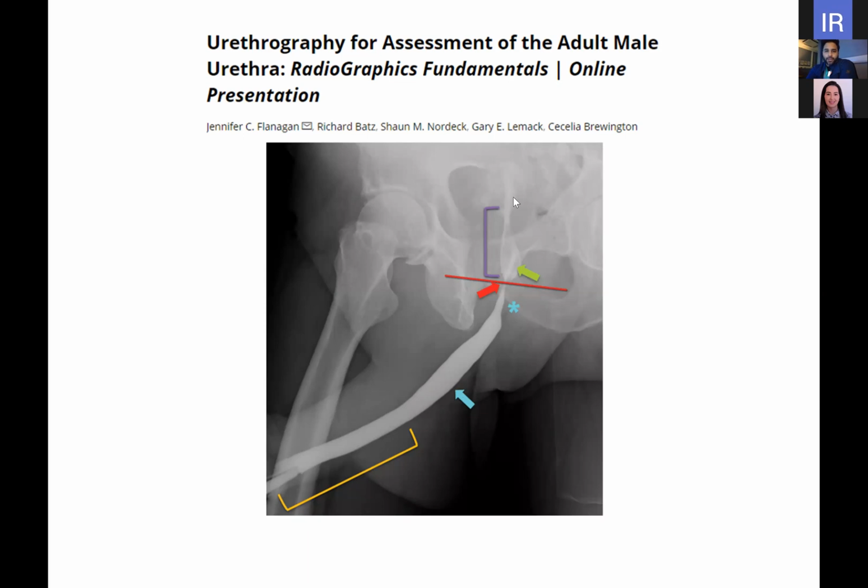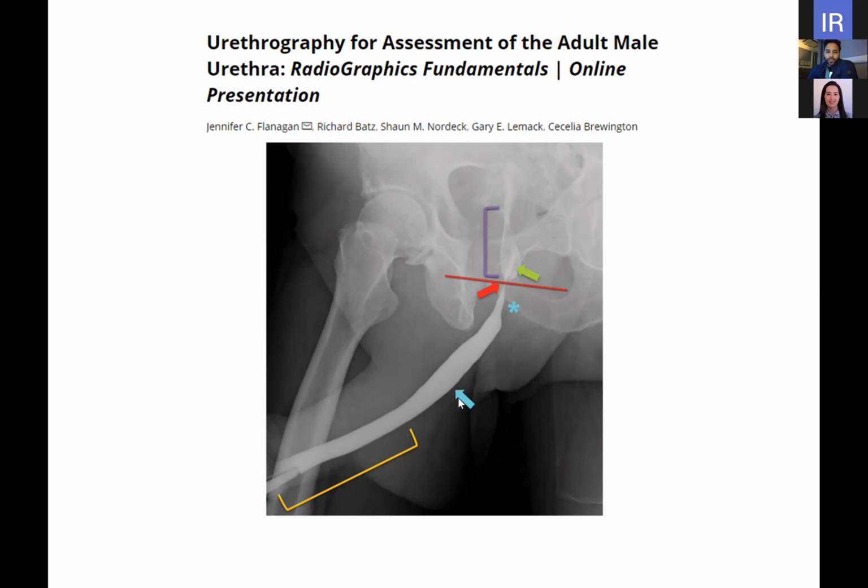So this is a retrograde urethrogram, and what this involves is catheterizing the tip of the penis with a relatively small catheter, 8 French or 10 French, only inserting it maybe 1 or 2 inches and slightly inflating the balloon. Essentially, you inject about 10 to 20 mLs of contrast through the catheter and then through the urethra here. What you're trying to determine is whether there's any stricture, whether focal stricture, or if there's a leak.